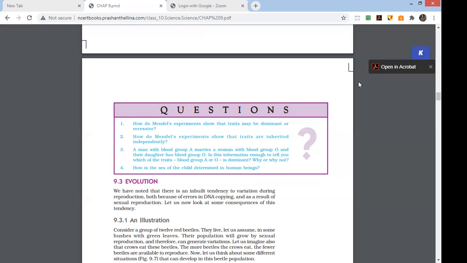and he knew that round shape is dominant over the wrinkle shape and yellow color is dominant over the green color. So he selected the pea plant having round shaped, yellow colored seeds with the pea plant with wrinkled, green colored seeds.